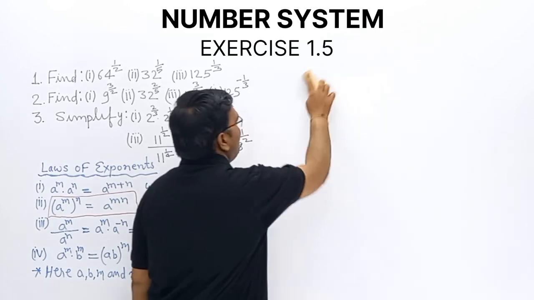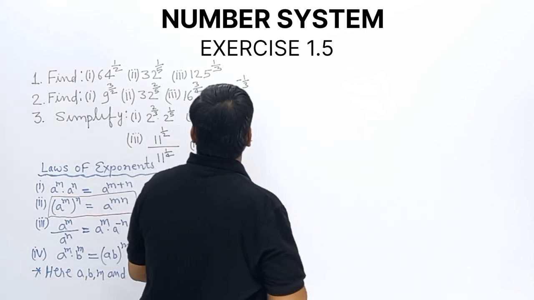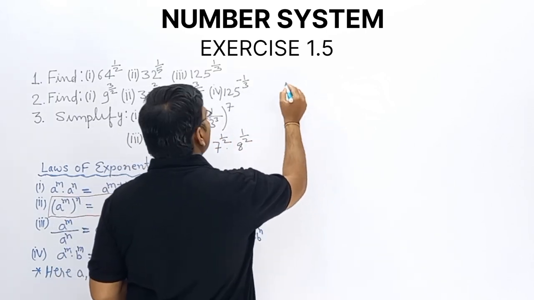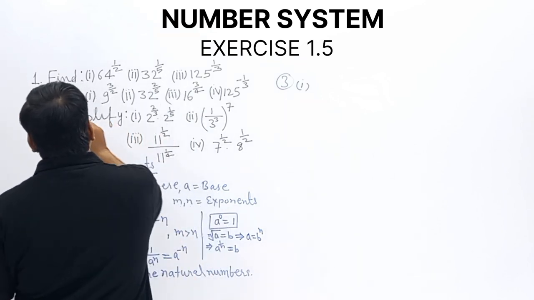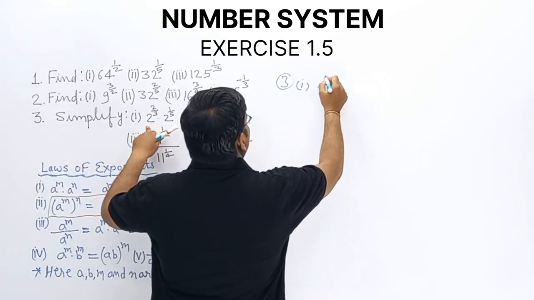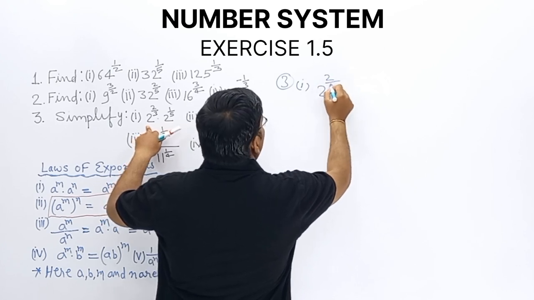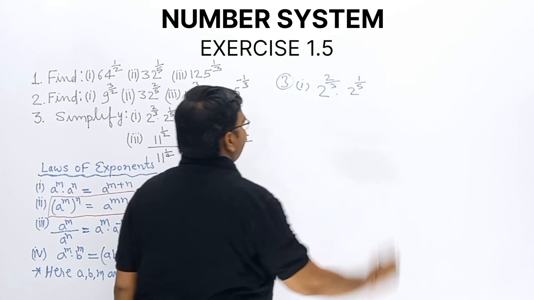Wait, I am trying to solve it, don't worry. Similarly we will do easy ones. Question number 3, first one, simplify: 2 power 2 upon 3 into 2 power 1 upon 5.